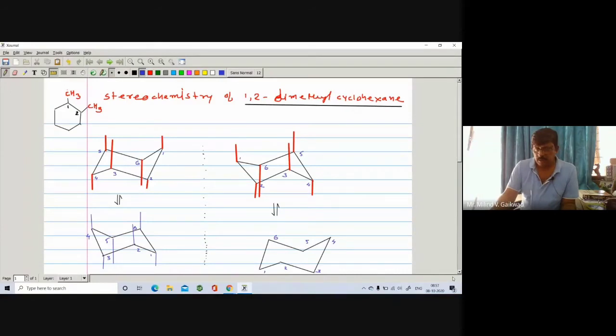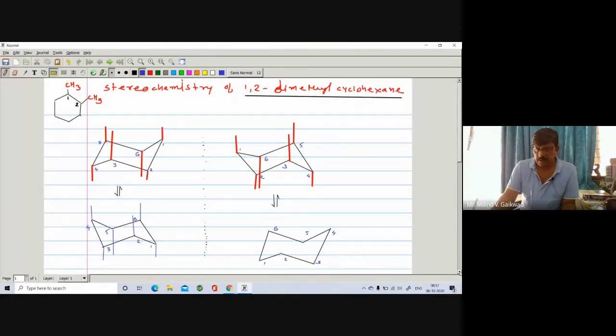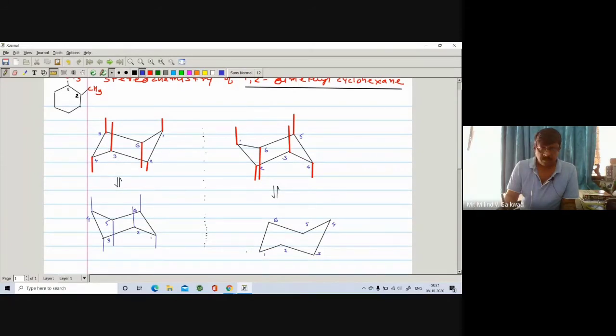Similarly, we can draw its mirror images. So here is carbon number 1, carbon number 2, carbon number 3, carbon number 4, carbon number 5, and carbon number 6.